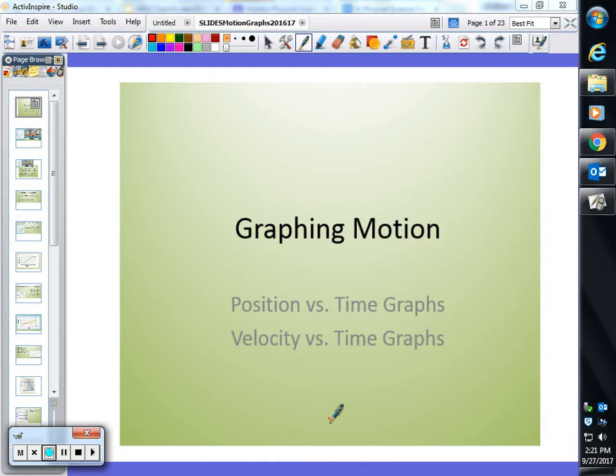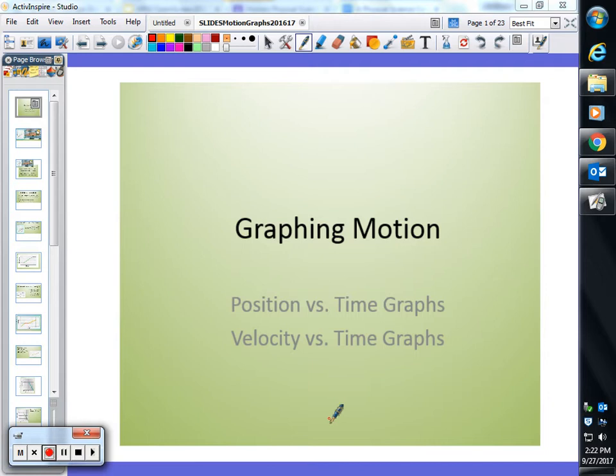So, Monday and Tuesday, we started talking about motion graphs. And for all day Tuesday, all day yesterday, and the last part of Monday, we were talking about position versus time graphs. So first, in a very obvious kind of way, position versus time graphs tell us two things. What do position versus time graphs tell us? Position and time, right?